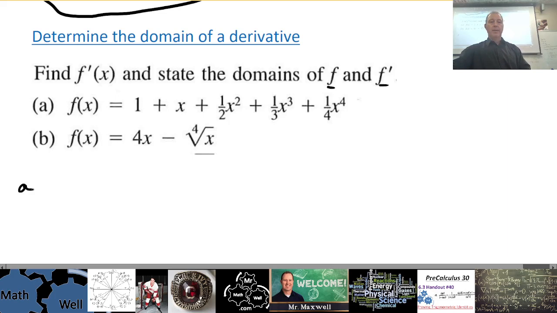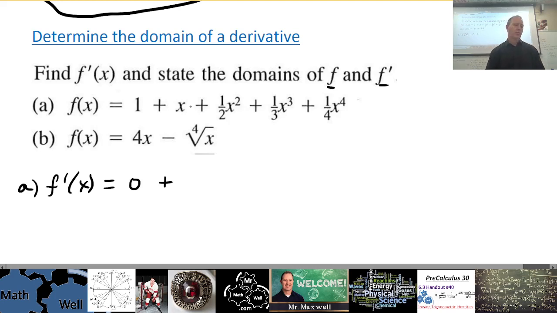So for a, f prime of x is derivative of 1 is 0 plus, what's the derivative of x? 1. I heard 1 a couple times. You guys agree with 1? Okay.